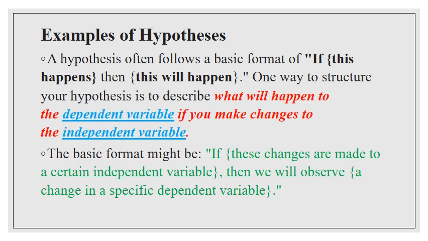The hypothesis often follows a basic format of if this happens, then this will happen. So, what will happen to the dependent variable if you make changes to the independent variable? The basic format might be: if this change is made to a certain independent variable, then we will observe a change in a specific dependent variable.